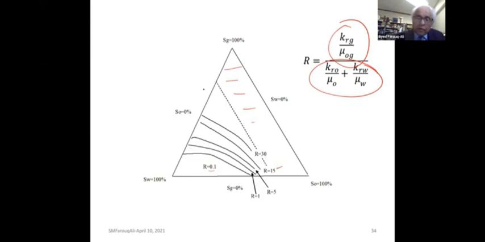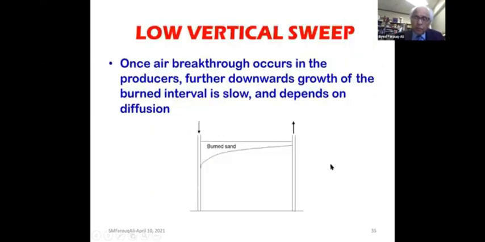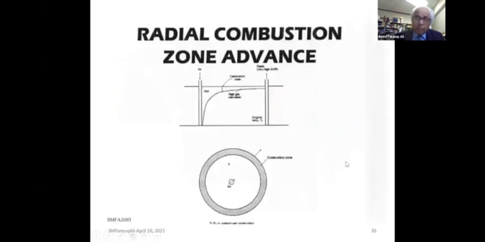But in this entire region of saturations, the gas has a far higher mobility than the liquid. So the ratio is very, very low. Low vertical sweep, I already discussed that. And this is the extinction.